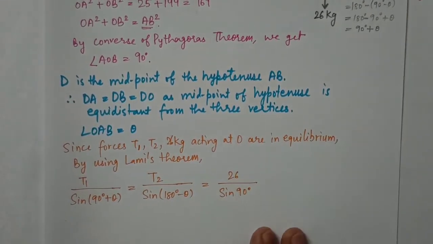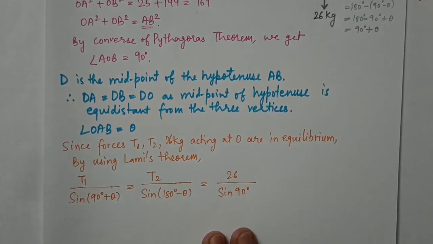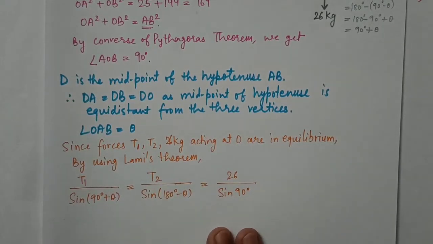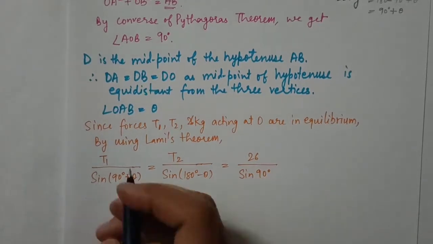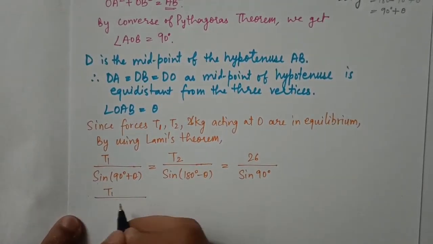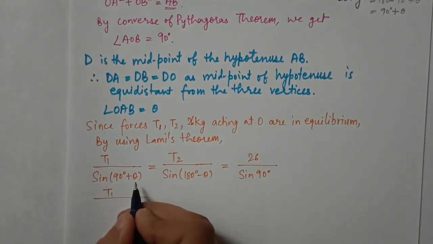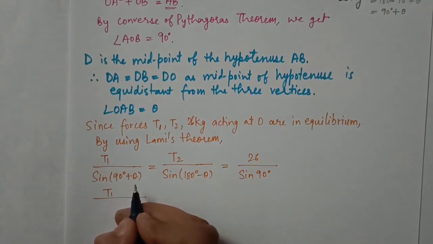So this is the equation that we get by using Lami's theorem, and by this equation only we are going to find the values of T1 and T2. So as we know, T1 upon sine of 90 degree plus theta. 90 degree plus means it would be in the second quadrant, and in the second quadrant sine is positive.